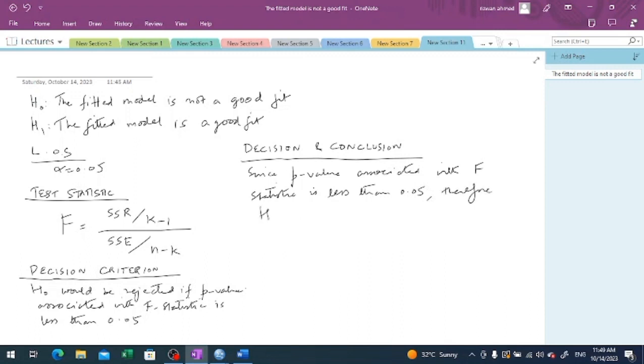Therefore, H naught is rejected and it can be concluded that the fitted model is a good fit. This is how we perform testing for goodness of a fit of model.